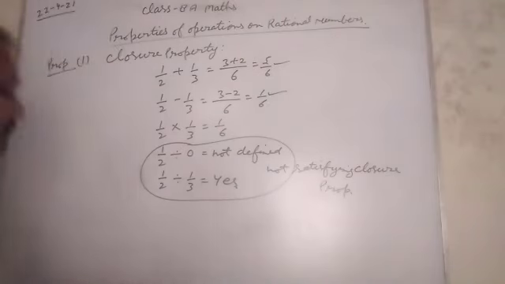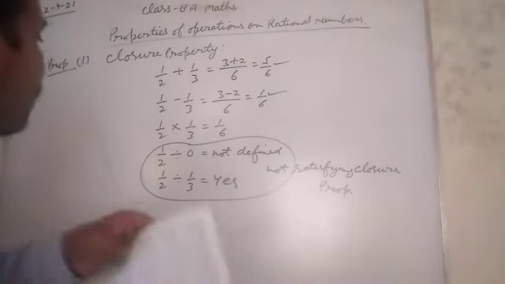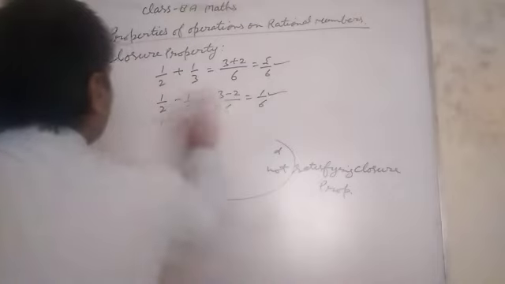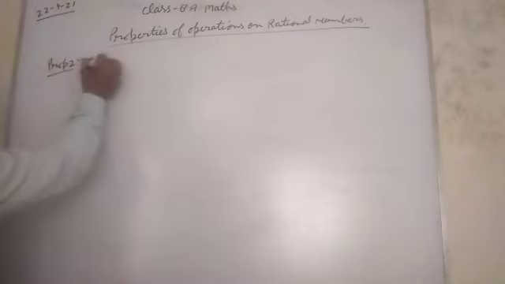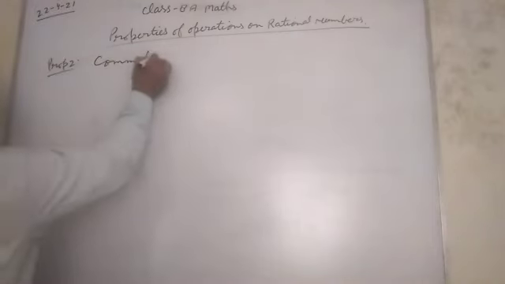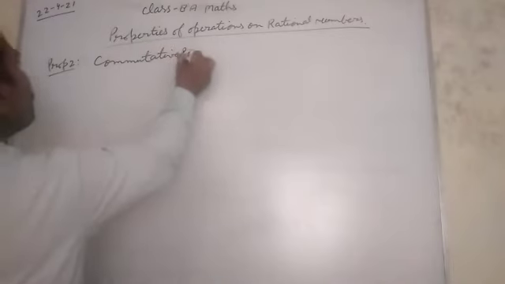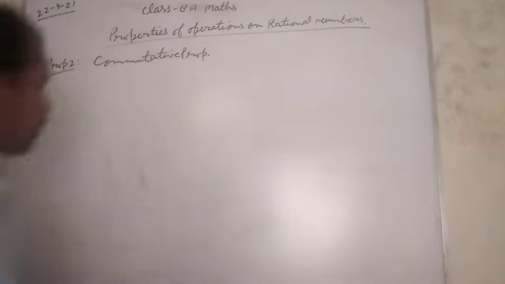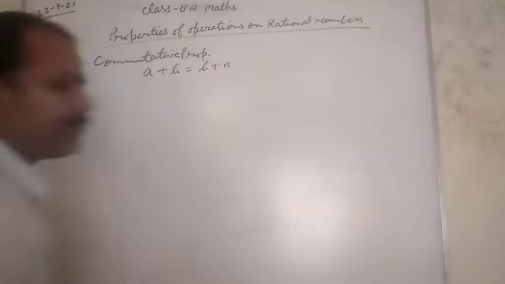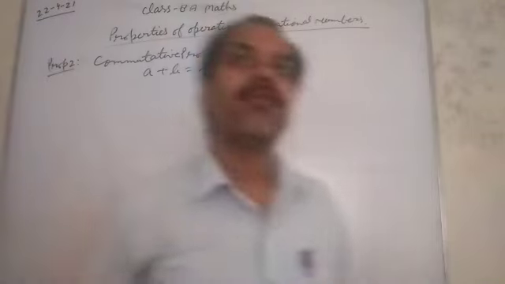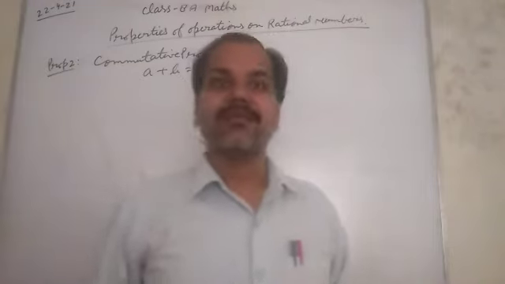Then the second property is the commutative property. The commutative property holds for addition and multiplication. Commutative means if we interchange their positions, the result remains the same.